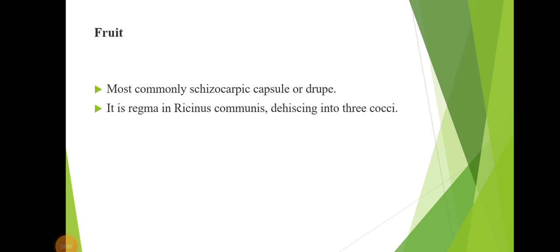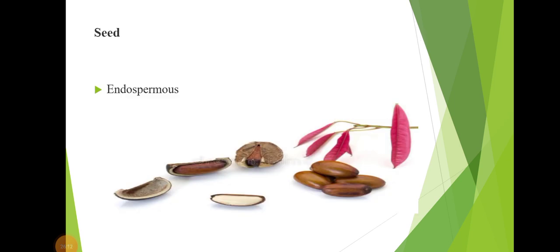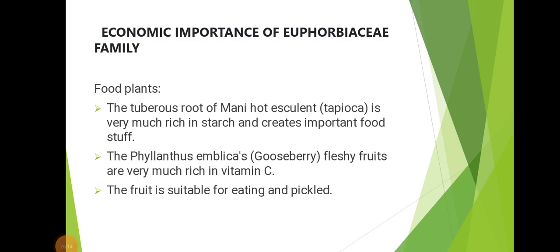See the fruit, most commonly a schizocarpic capsule or drupe. It is a regma in Ricinus communis. They split into three loci. If you see the endosperm, the economic importance of the Euphorbiaceae family: food plants are there.